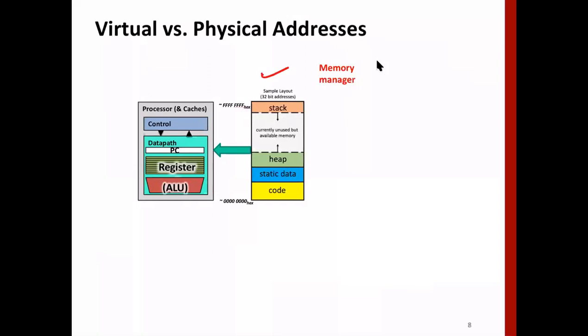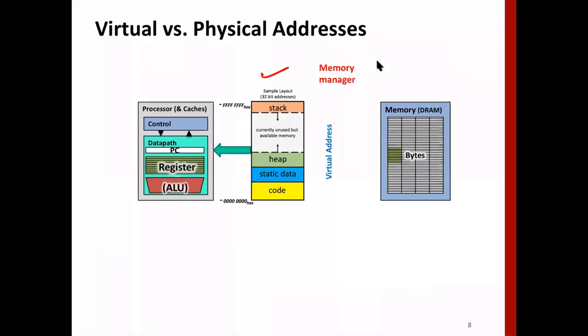Let's assume that we have one address space. What the process is issuing is actually a virtual address. This is not the real address in physical memory.